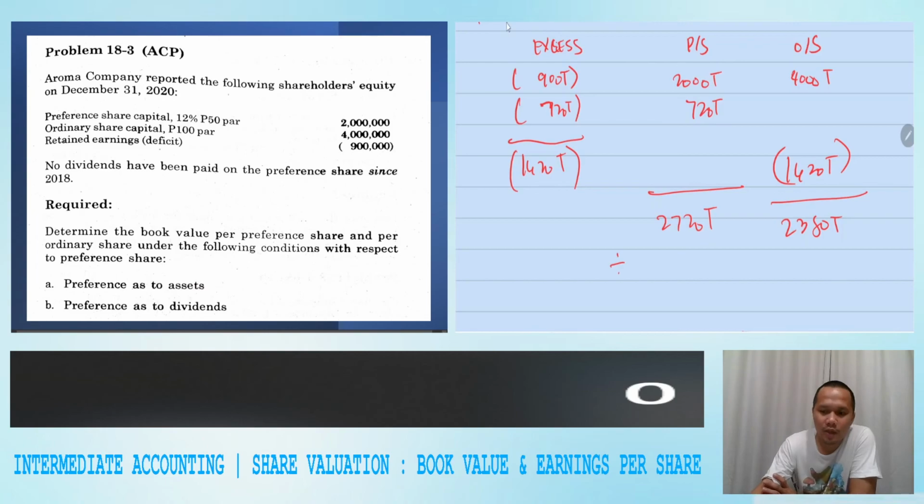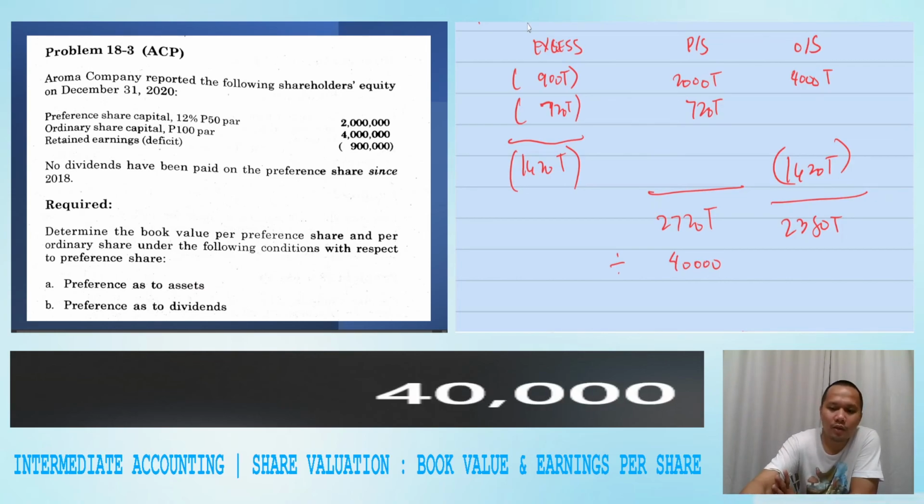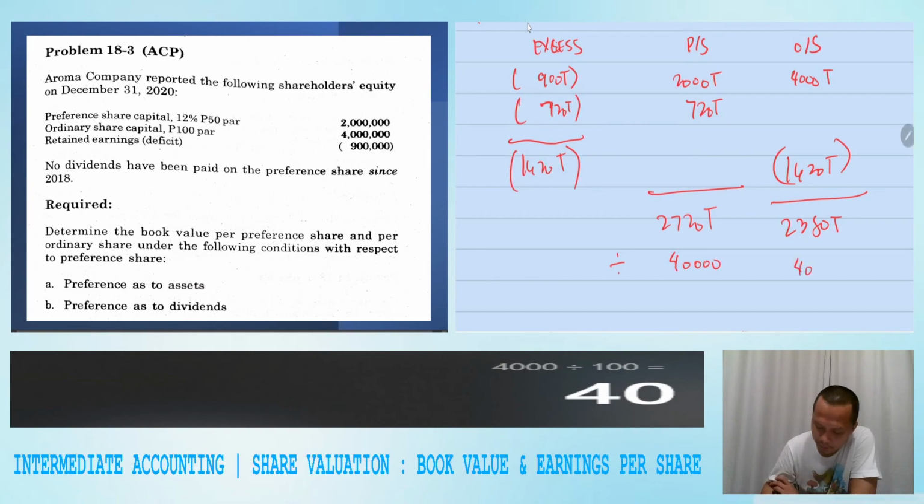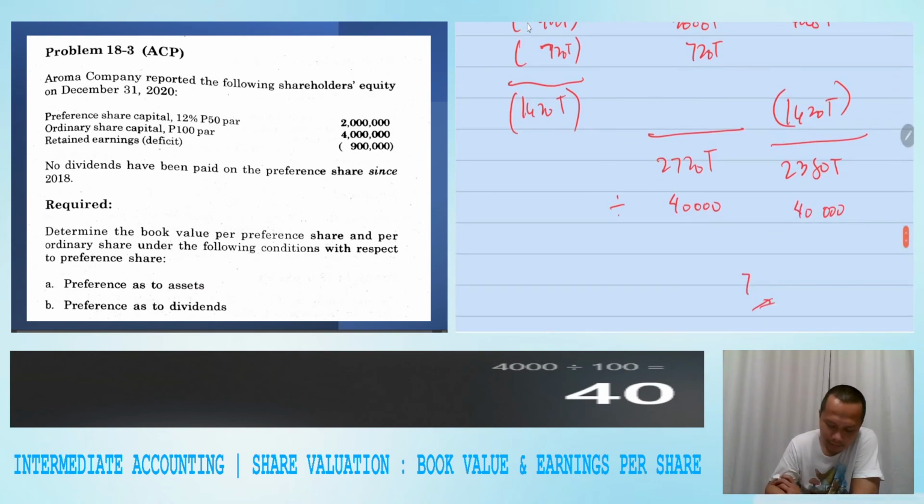Si preference share, we have 2 million total par divided by the par value, we have 40,000. Si ordinary share, 4 million divided by 100, we also have 40,000. That is shares outstanding. Okay?